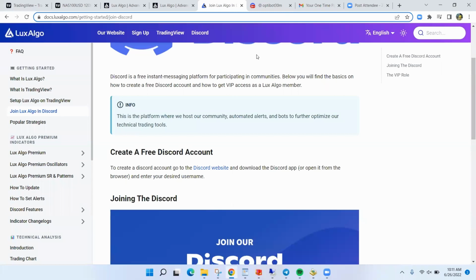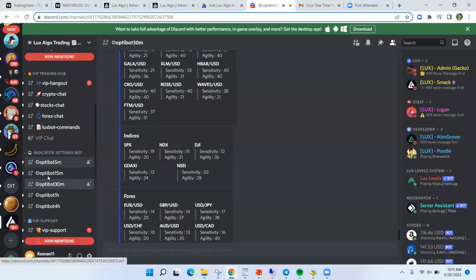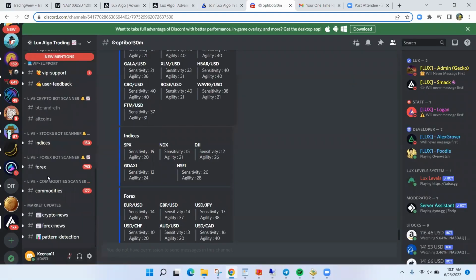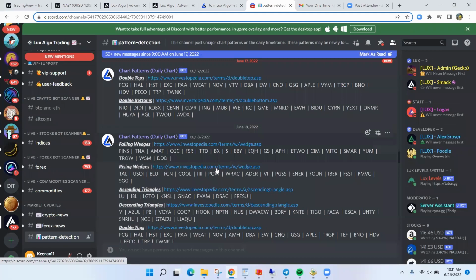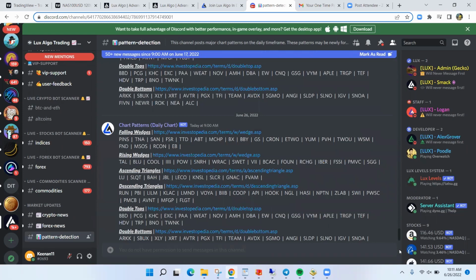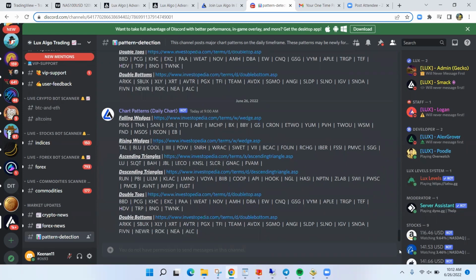So the next thing is you have your news pattern and your pattern detection. Let's actually go to the pattern detection. It'll tell you something good to have when you start your trading session. You see how it does it mostly in the morning in the New York session.